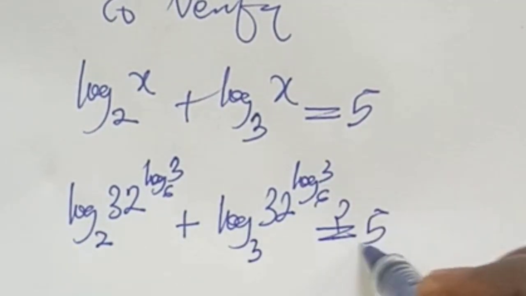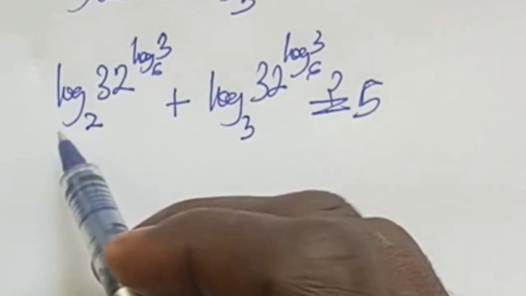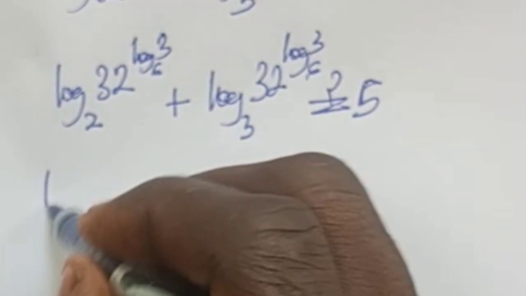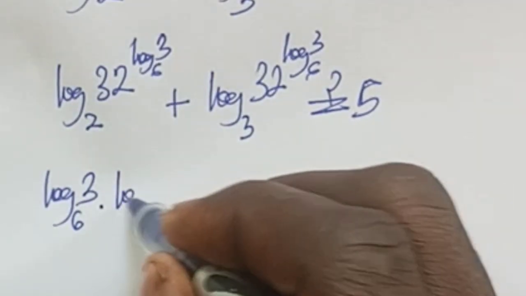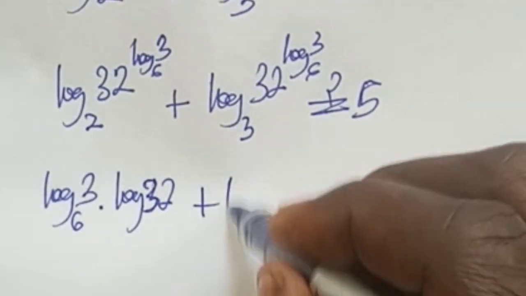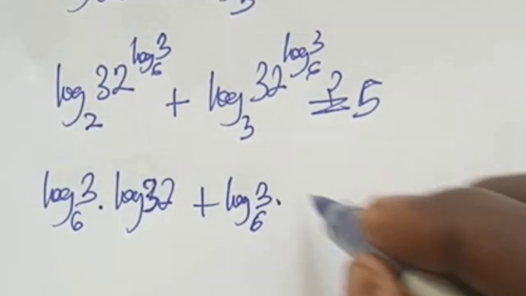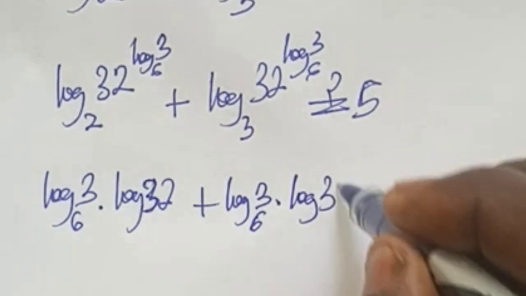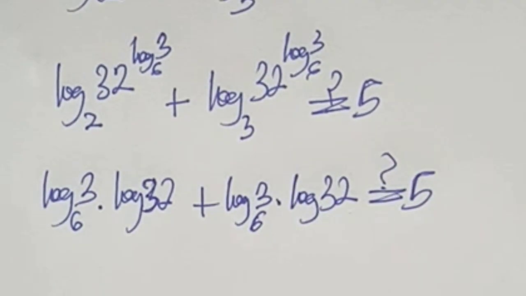Can this be equal to 5? And log 3 base 6 is a power, so we're going to bring it down, and it becomes log 3 base 6 times log 32 plus log 3 base 6 times log 32. We want to verify if this will give us 5.